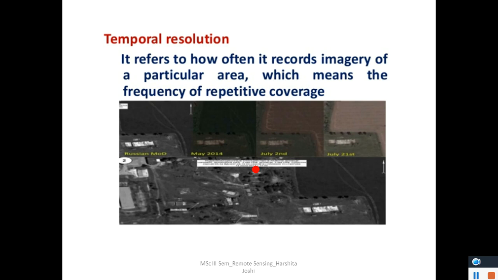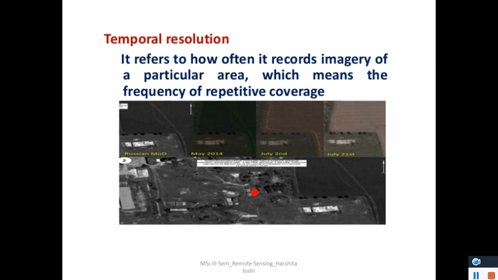Now temporal resolution. Temporal refers to time. Okay, the satellite or the platform passes through one place. As the number of times it passes through the same place increases, the temporal resolution increases. Say for example, from one location an image was taken on Sunday, then Monday, then Tuesday, the complete week the images were taken, and another satellite or platform was taking images of the same location 10 times a day.